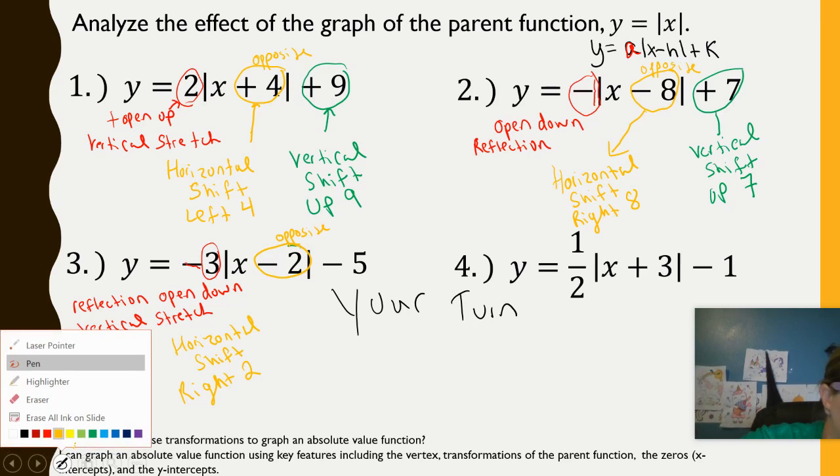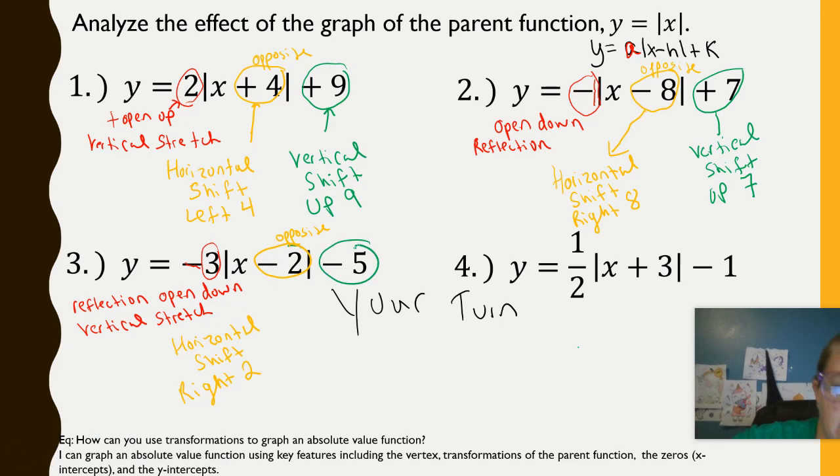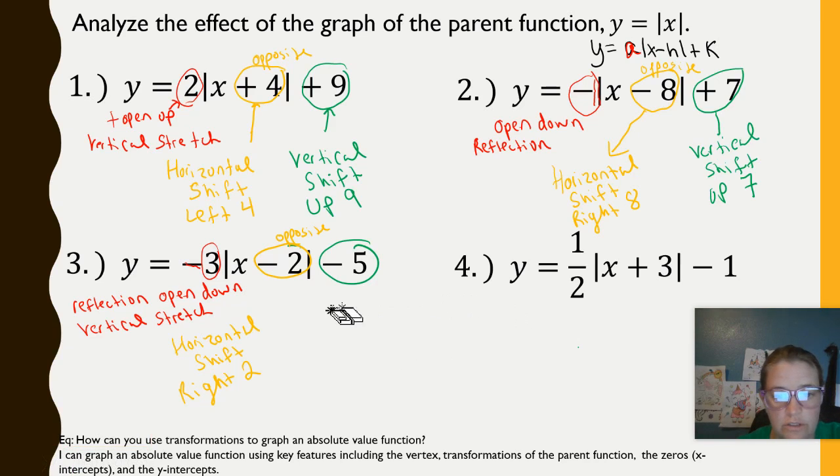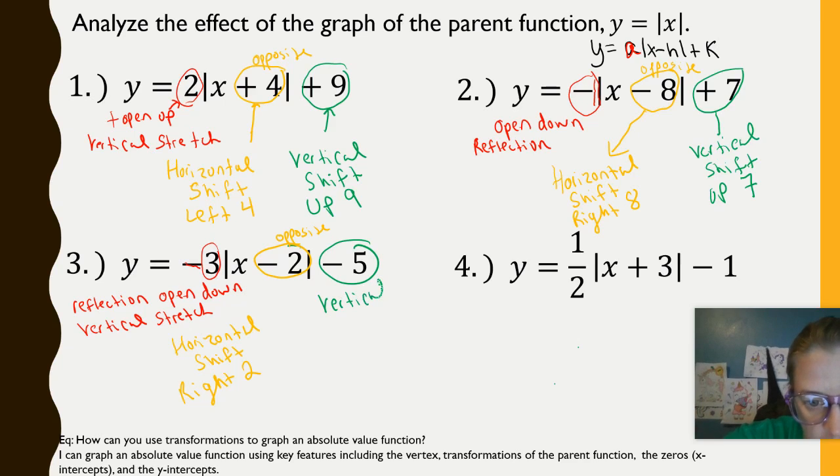And the number at the end, that is going to be a vertical shift. Vertical is up and down. Since it's negative, it's going to be down 5.